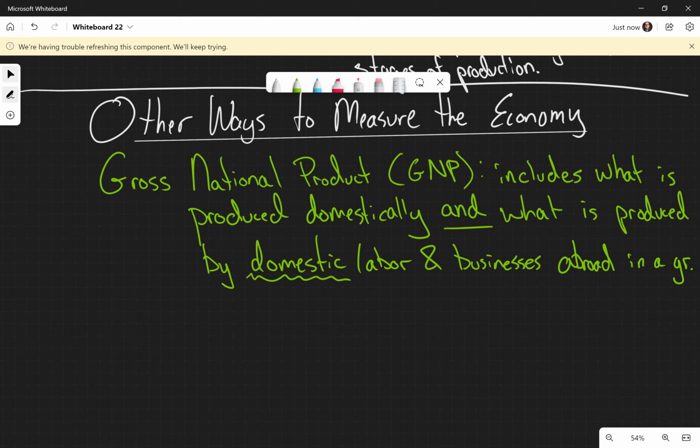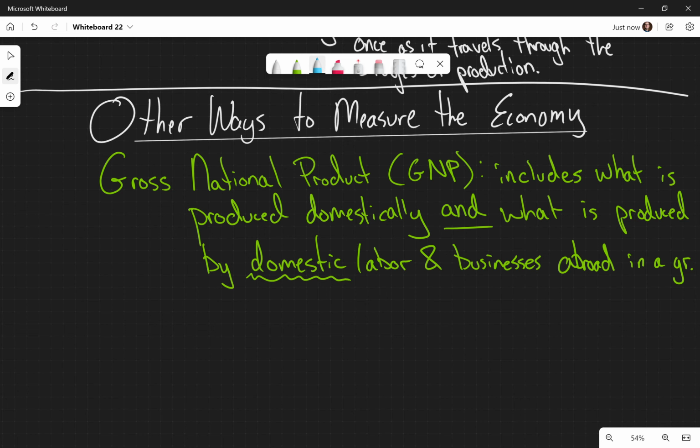A Toyota factory in Georgia is not counted towards the United States' gross national product because that factory is owned by a Japanese company. So gross domestic product has to do with where things are, if it's within our borders, whereas gross national product has to do with who owns the thing. They're telling us different things, but they're kind of cousins of each other, if you will.